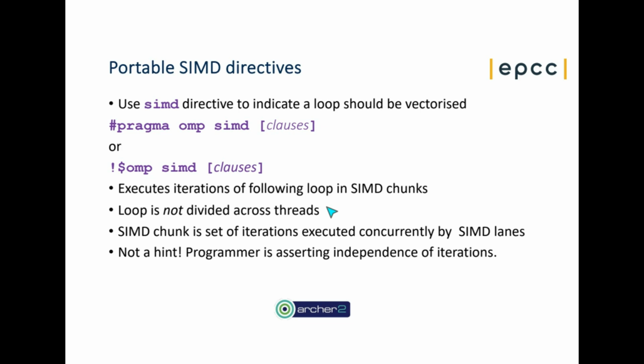You have to combine both together if you want vectorization and multi-threaded execution. You just have to be aware that this is not a hint. You are asserting that the loop iterations are independent. If you get that wrong, your code may generate incorrect results.